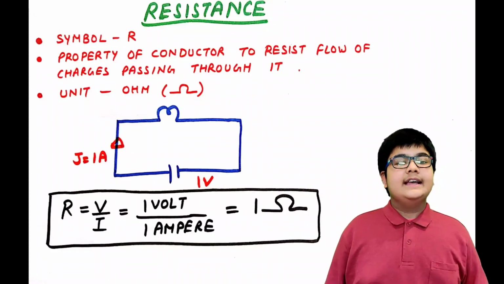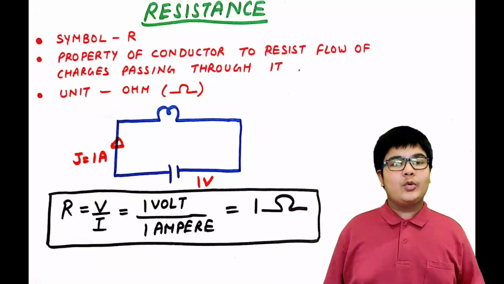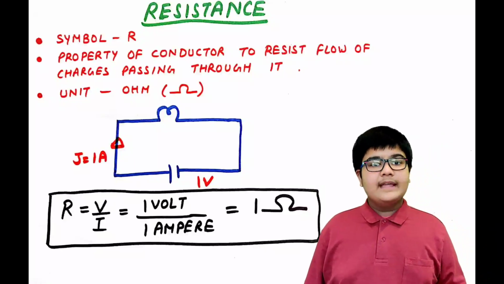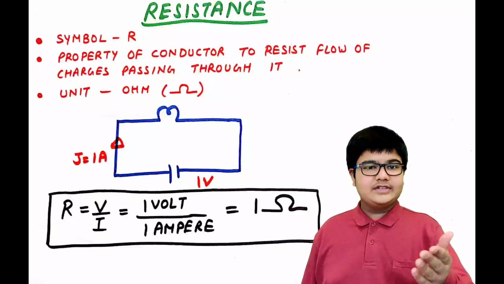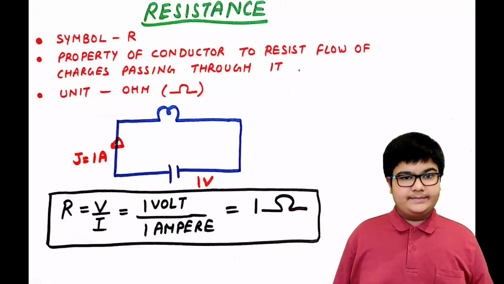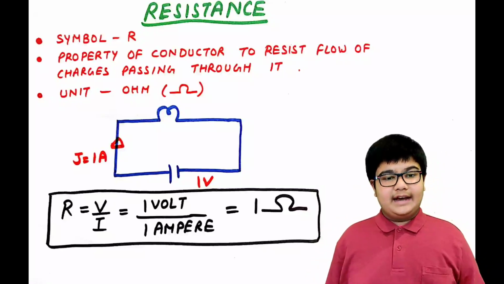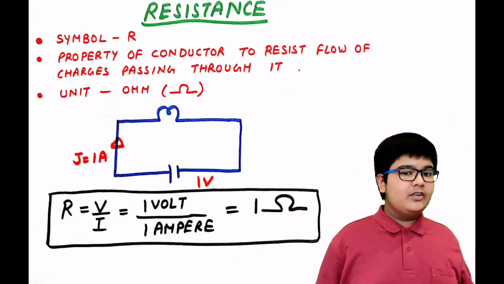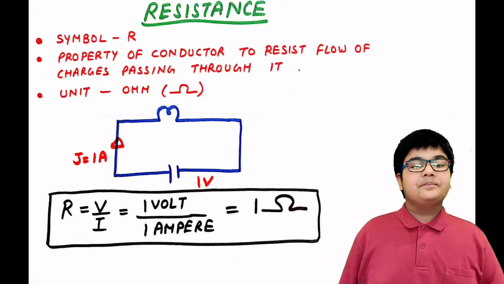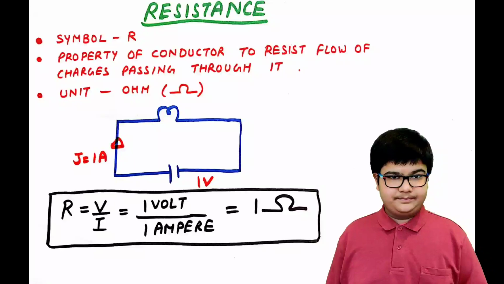So resistance is the property of a conductor to resist the flow of charges passing through it, and as its name suggests, its unit is ohm, represented by the Greek letter as you can see in the notes, and its symbol is R. Now in Ohm's law, that is V is equal to IR, if we take I to the other side of the equation, then it becomes R is equal to V upon I. That is, resistance is equal to voltage divided by current.